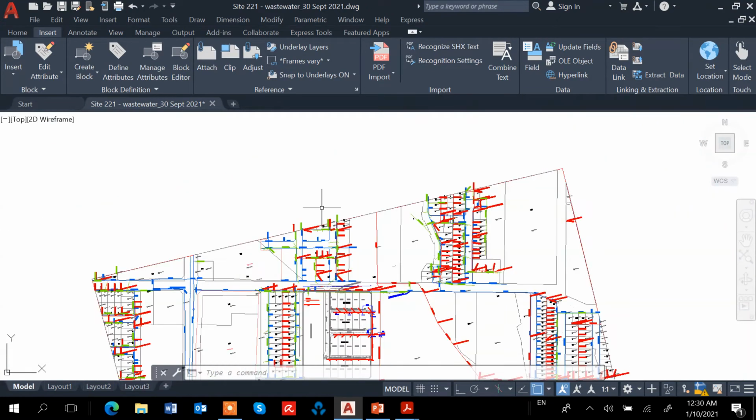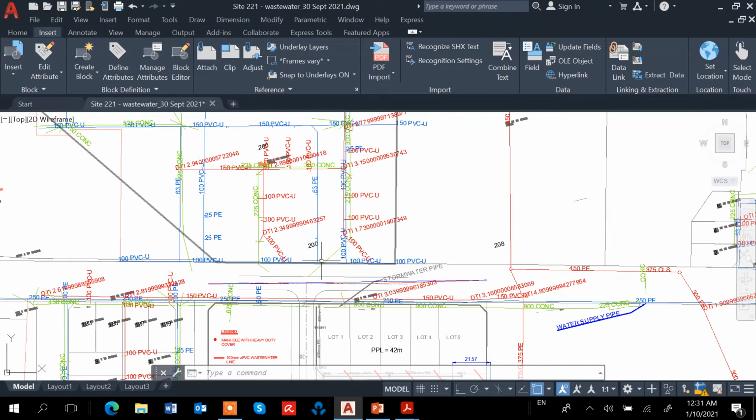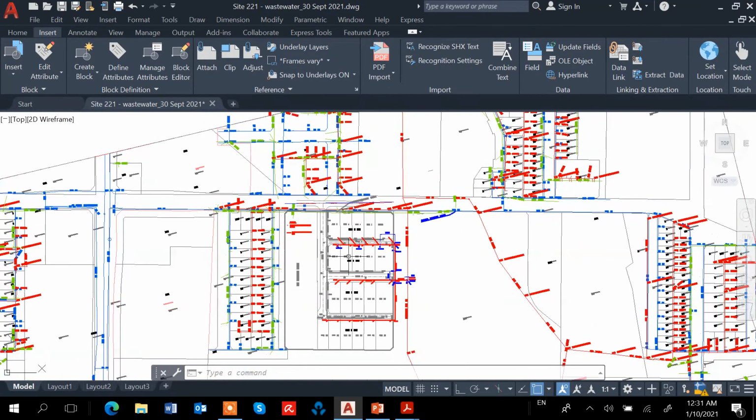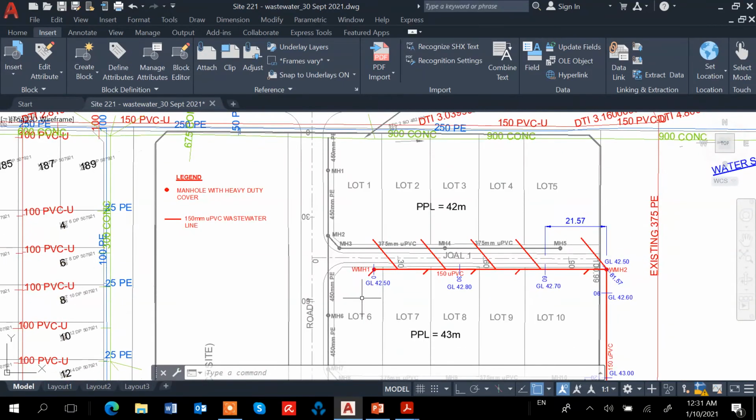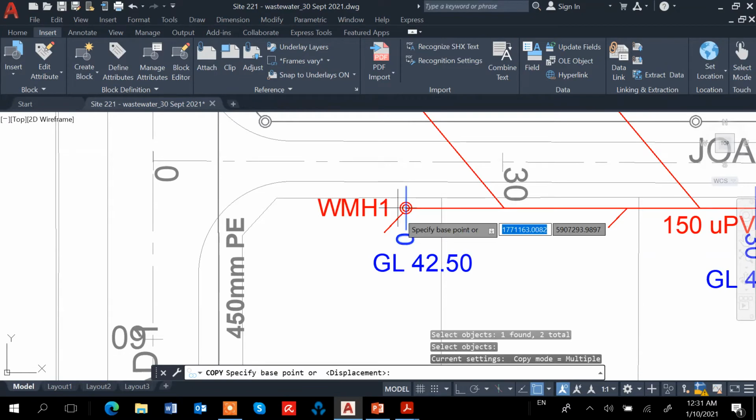So what we can do, to save time, is just copy this line and this line from here.